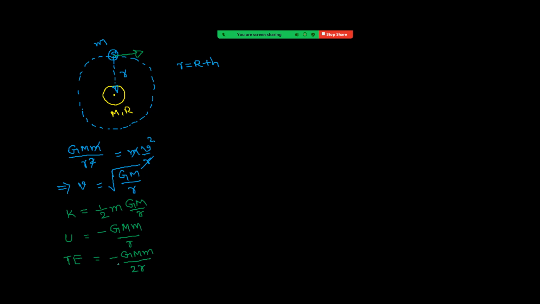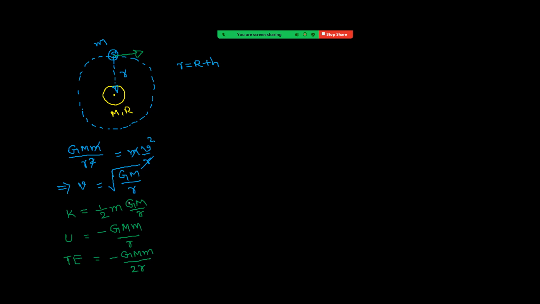See carefully, this is a negative value. Why is total energy negative? Negative indicates that it is bounded to this planet because of the gravitational force of attraction. So whenever total energy is negative, it indicates a bounded system.